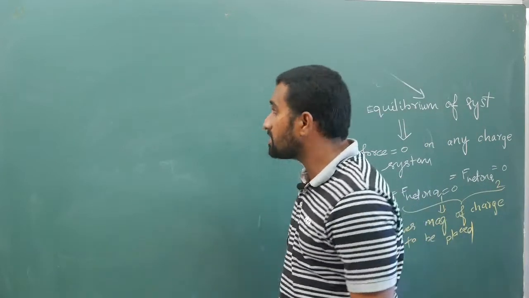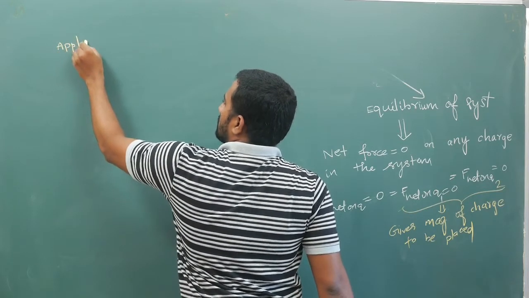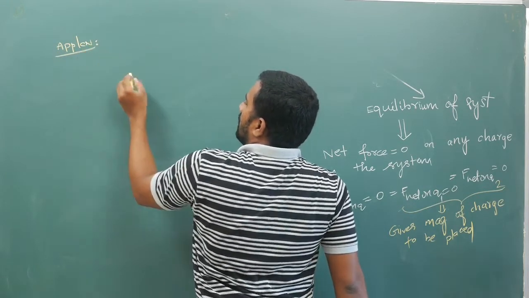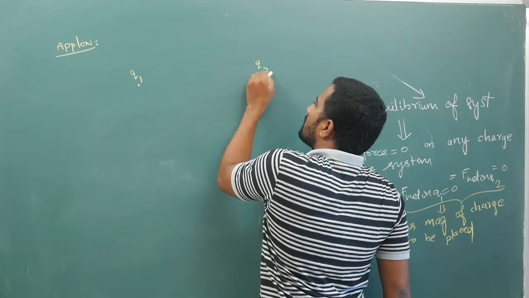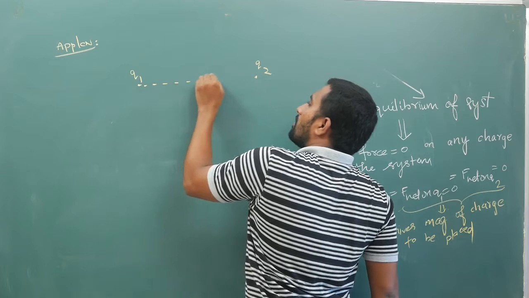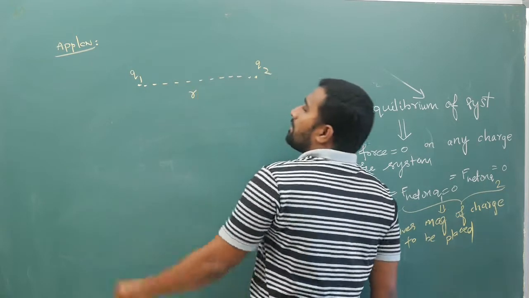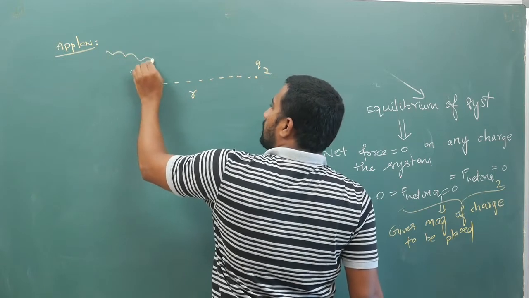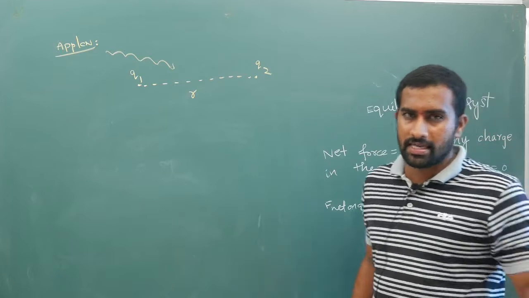So my first question is, you have a charge Q1 here, one more charge Q2 like this. From here to here the distance is R. What I am going to do is bring another charge and place it. I don't want to give where I am placing it.